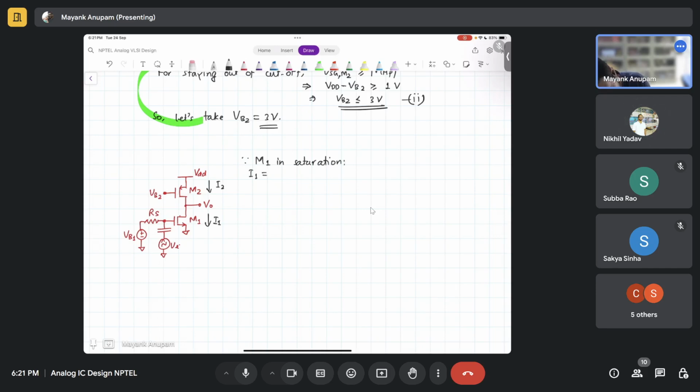What is I1? Half mu n Cox W by L of 1 times VGS minus VTH n whole square. Correct? How much will that be?